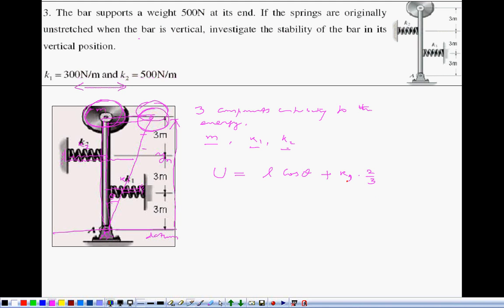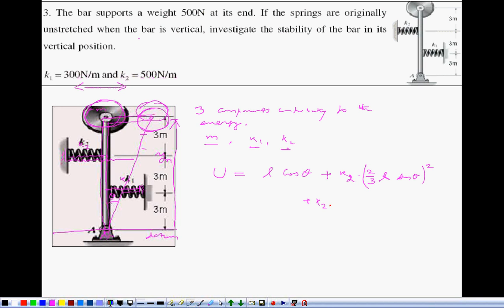I'm sorry, this is for K2. This is 2/3 length K2 times 2/3 of L times, this is the distance we are looking for, which is sine theta square.